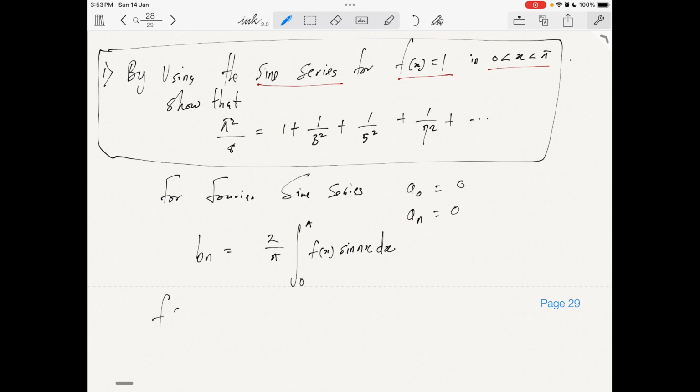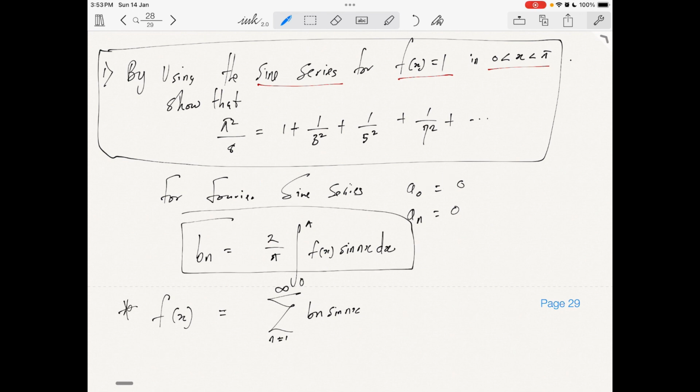Therefore, we can say that the Fourier series of f of x is equal to the summation of Bn sine nx from n equals 1 to infinity. So all we have to do is to evaluate Bn, and from the Fourier series that we evaluate for f of x, we will be able to deduce pi squared over 8 to be equal to this.